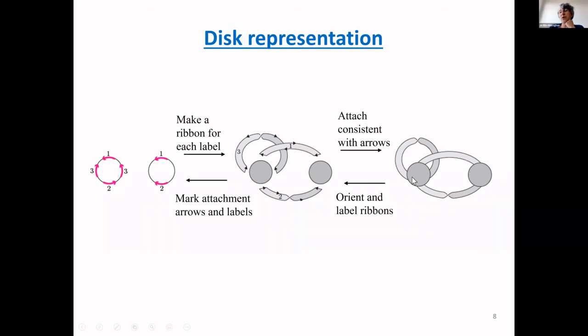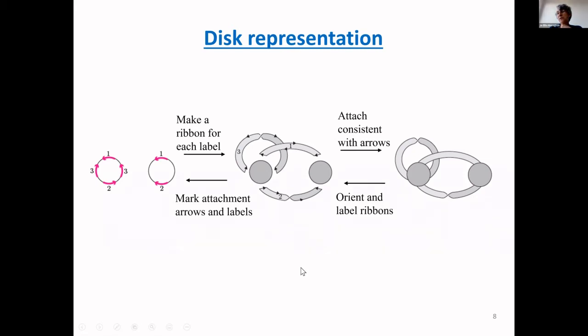If I put an arbitrary orientation on each of the disks and each of the ribbons, and I label the ribbons, this lets me record only the information of where the ribbons attach to the disks and their names. So if I have disks with those ribbons on them, all I have to do is attach head to tail with arcs, and those will give me the ribbons back.